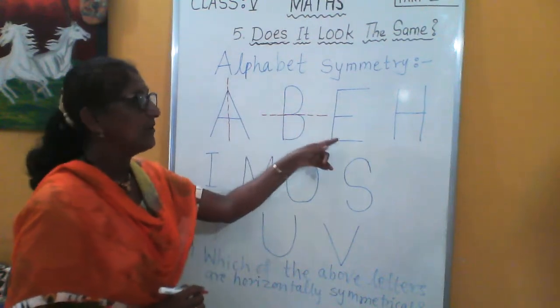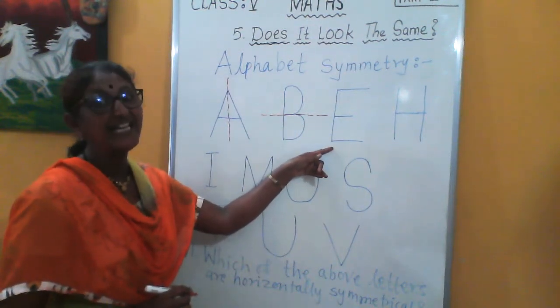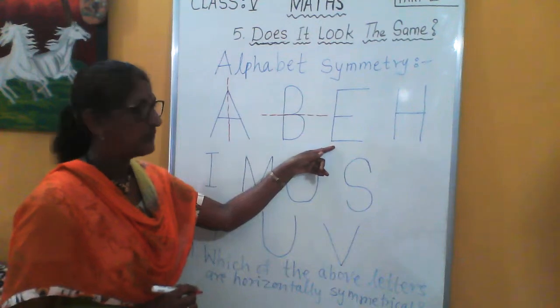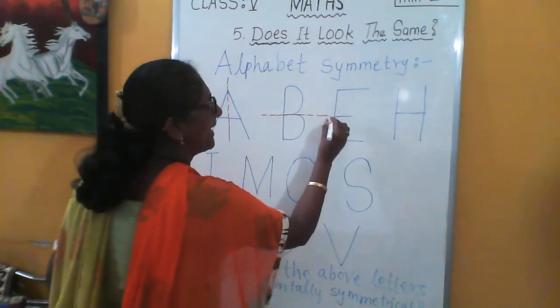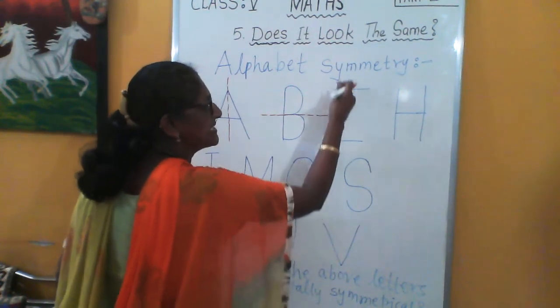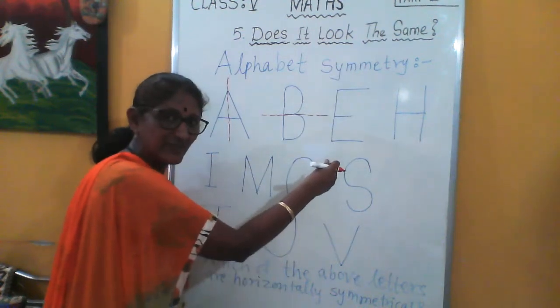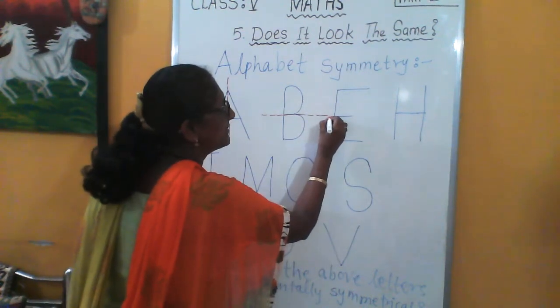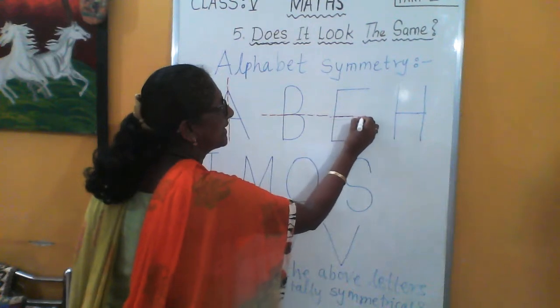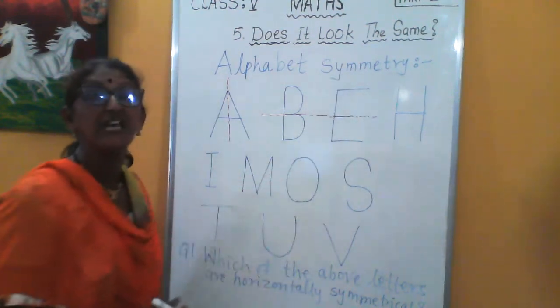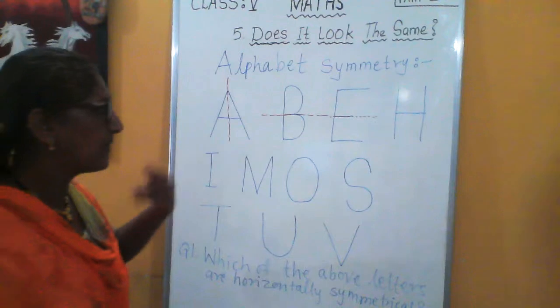Now, the same way, letter E. Here also we have to put the line of symmetry. We cannot put it vertically. So horizontally only we have to put it, to divide E into equal parts.